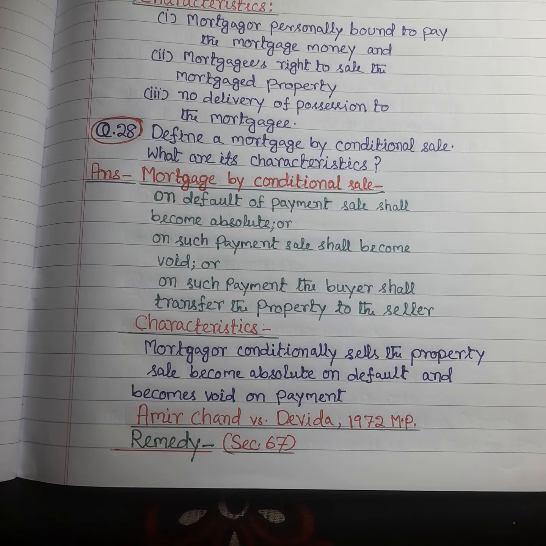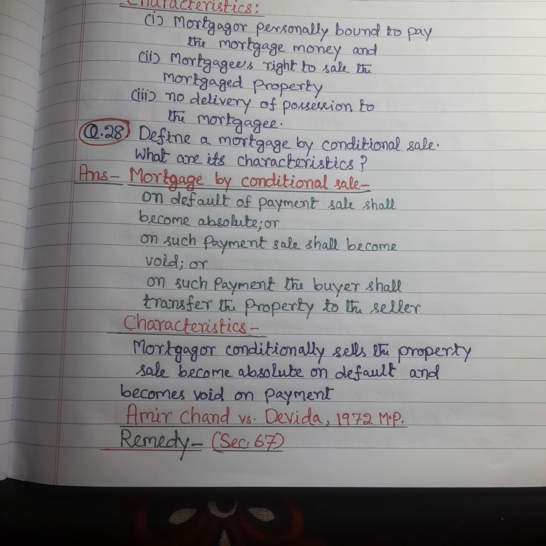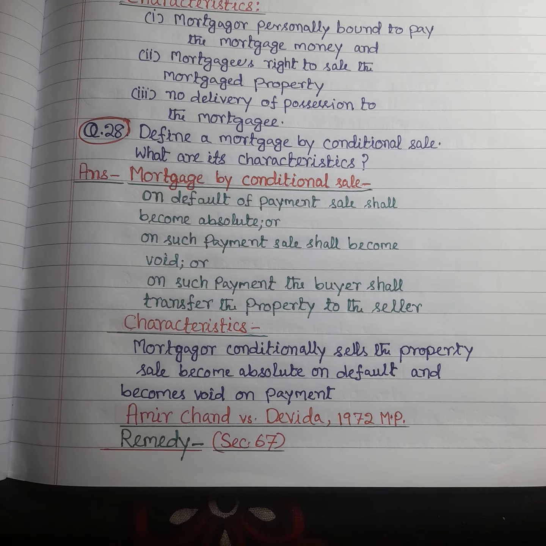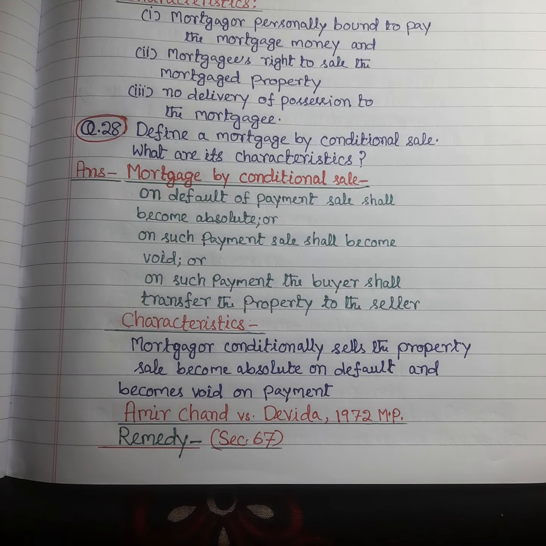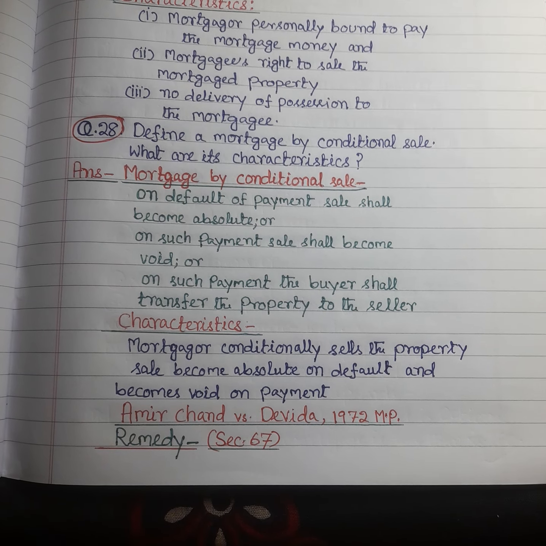In a simple mortgage, the security for the debt is therefore twofold: one is the personal liability of the mortgagor, and the other is the property.